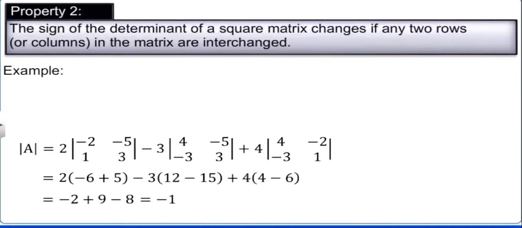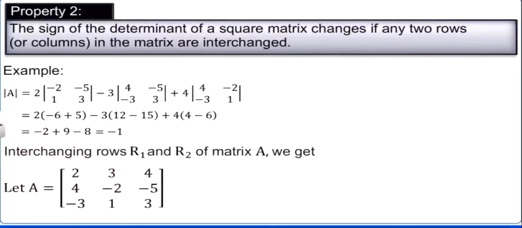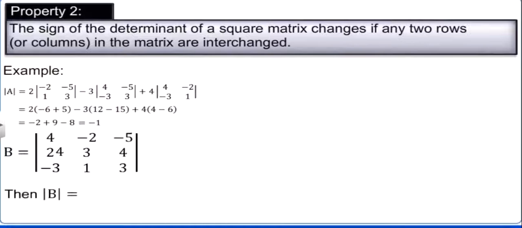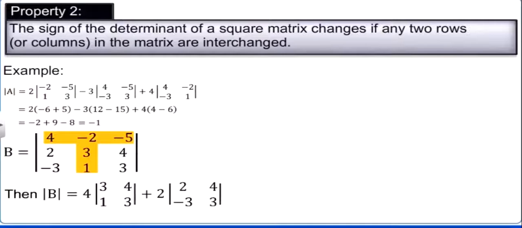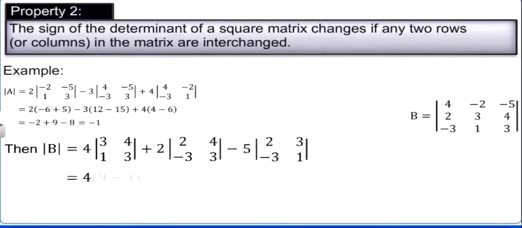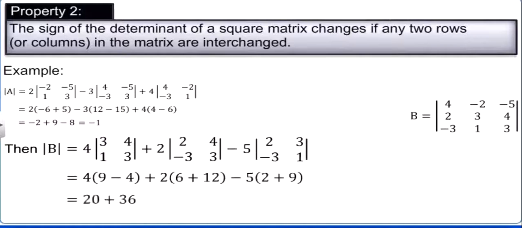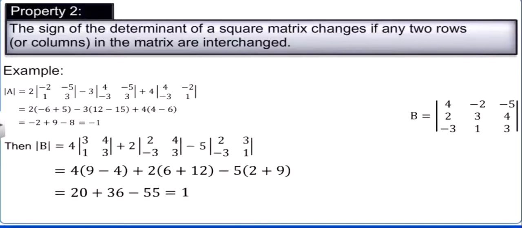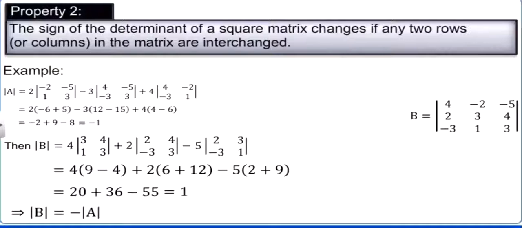Let B be the matrix obtained on interchanging rows R1 and R2 of matrix A. On evaluating determinant B along the first row, we get 1, which is equal to minus determinant A. Hence, the determinant of matrix B is equal to minus the determinant of matrix A.